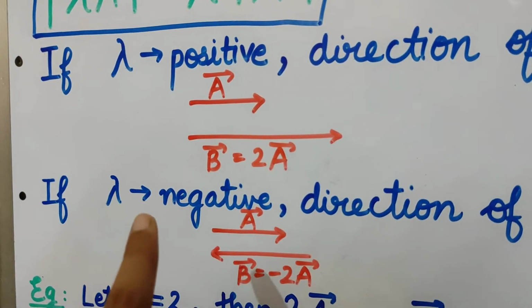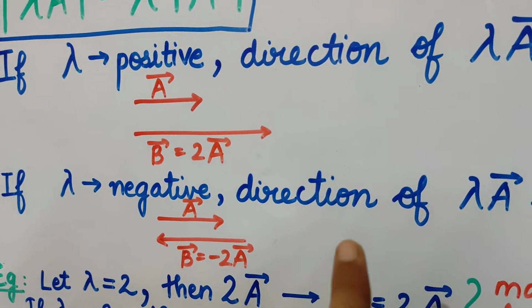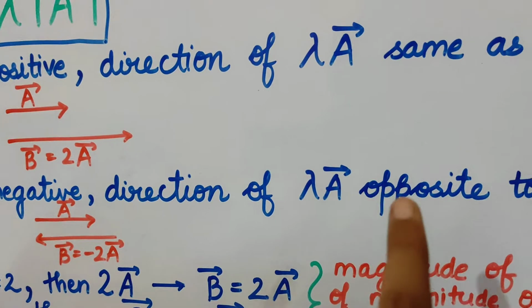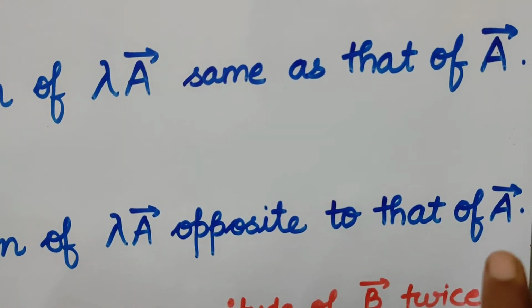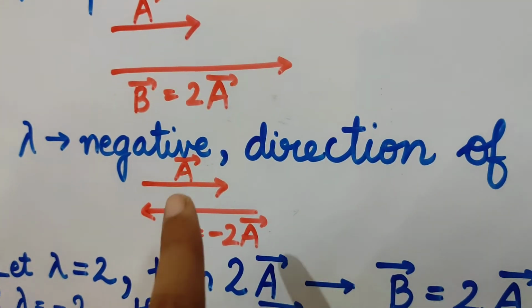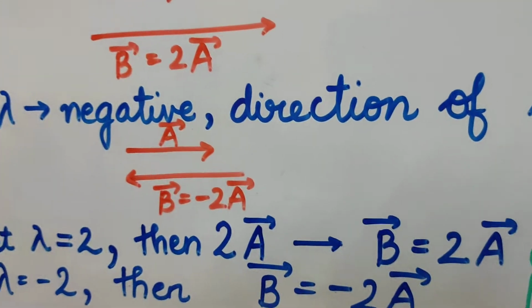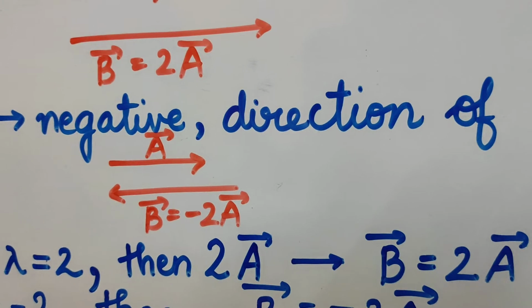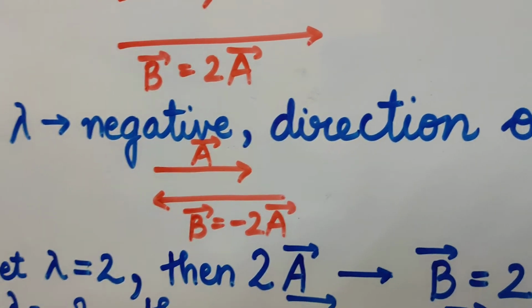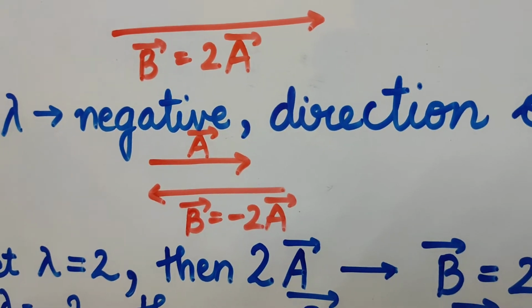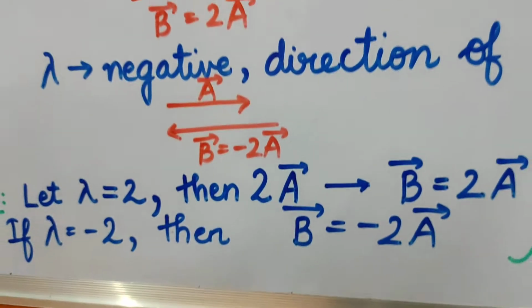Now if lambda is negative, then what will happen? The direction of lambda A vector will be opposite to that of A vector. So now you can see that A is a given vector, and if we multiply it with -2, it will give us an opposite vector which is B equals -2A.